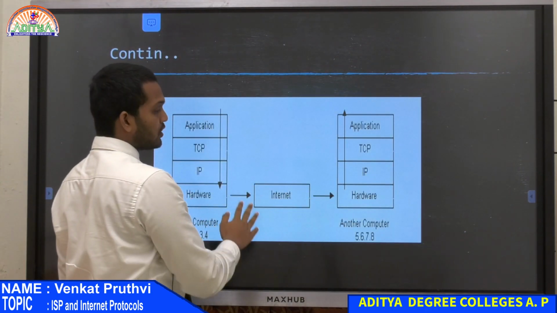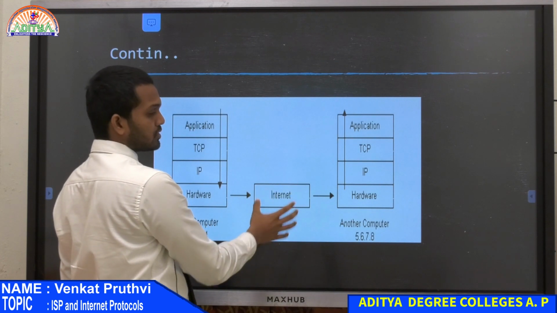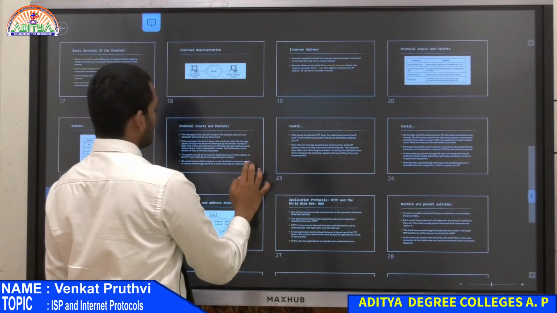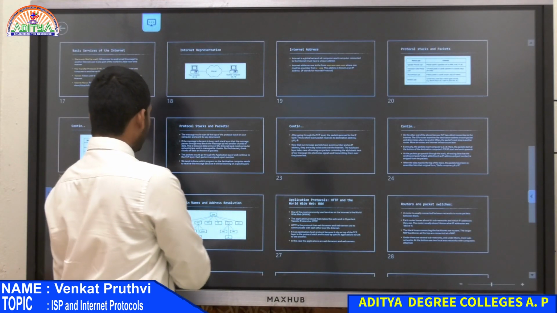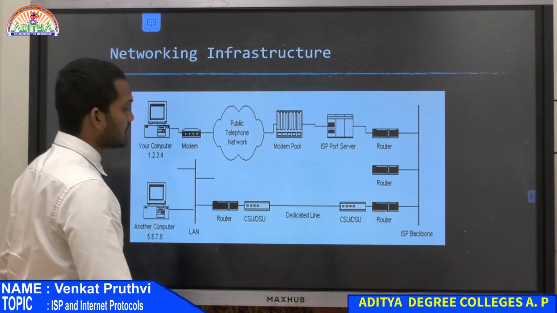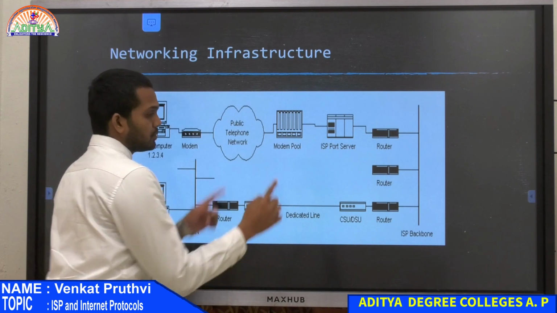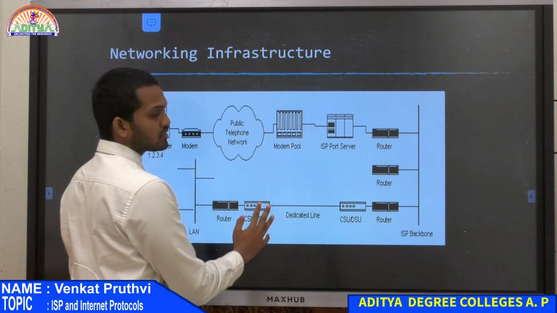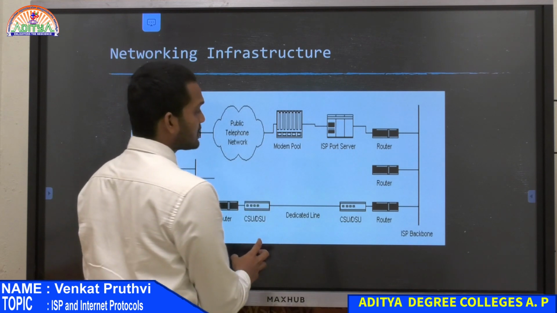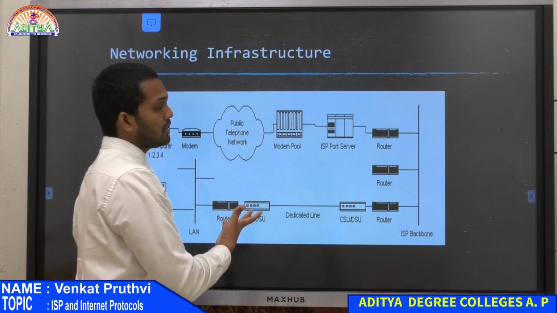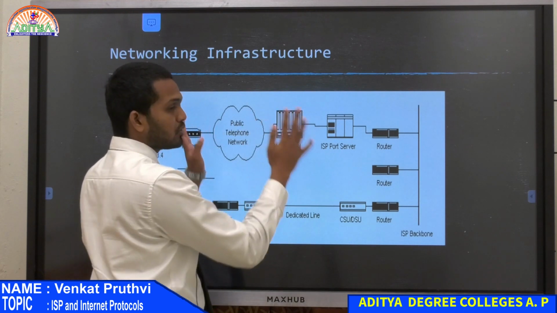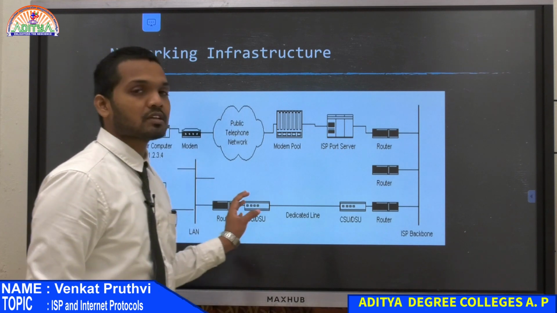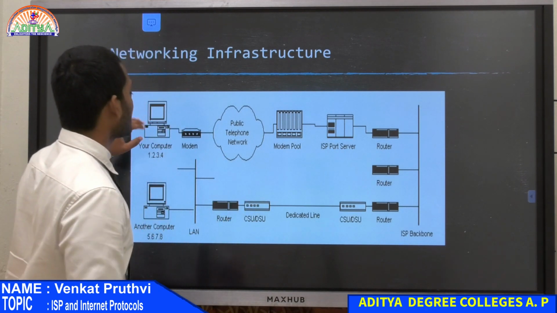We were just denoting it with one internet rectangle between these two computers, but when you see it practically in real life, that small internet rectangle box has many connections, and this is also a very simplified diagrammatic representation. When you go into each component, there will be so many other components that you will be able to see, but try to just understand this much, where your computer is connected to a modem.